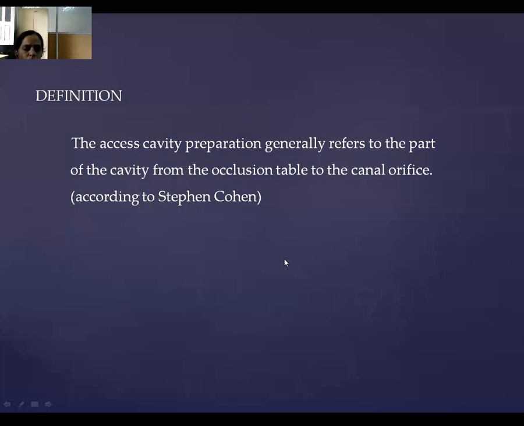This is given by Grossman. This is the cavity preparation done to remove the pulp from the pulp chamber and the root canal, and to explore the canal orifices and to get the straight line access into the apical foramina. Okay, so you please read this only and you just tell this only, don't go for the Stephen Cohen.